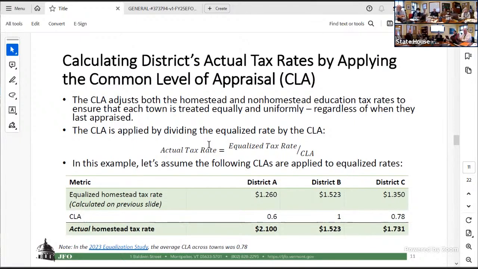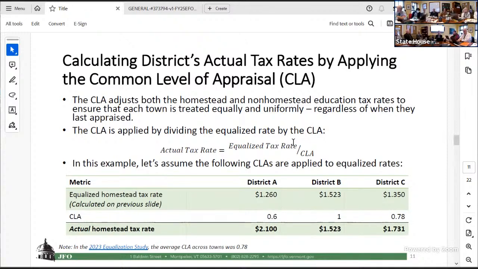So here we have the same 3 districts where we just calculated their equalized homestead tax rate. We can see that District C has the average CLA in 2023 of 0.78. District B is 100%, so they do not need the CLA because they are right on the nose. And District A is lower at 0.6.